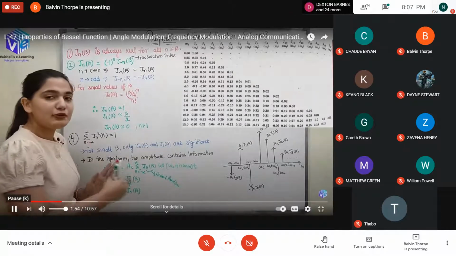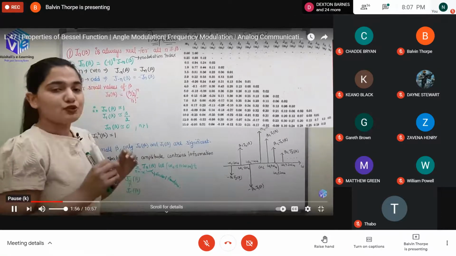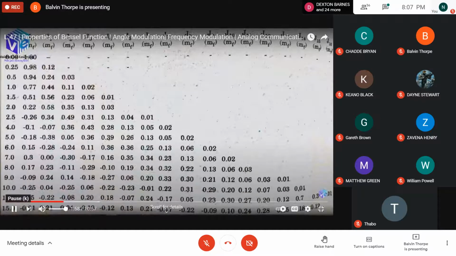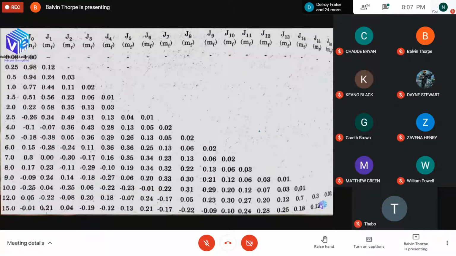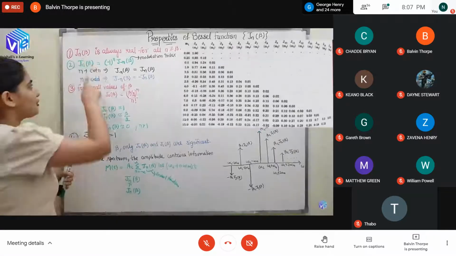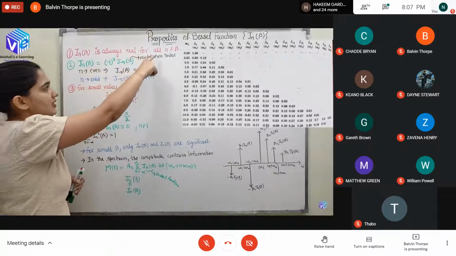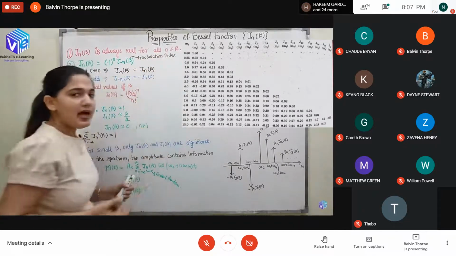After that, the values continuously decrease. If I see all the values, I can deduce one more conclusion, that all the values are real for every value of N and for every value of beta. So nowhere in the chart can you see any imaginary number. So Jn of beta is always real for all n and beta.